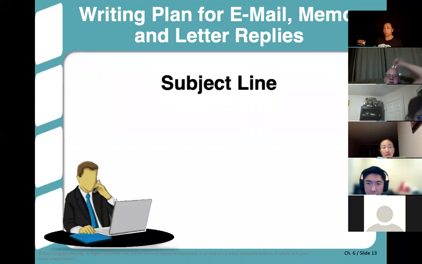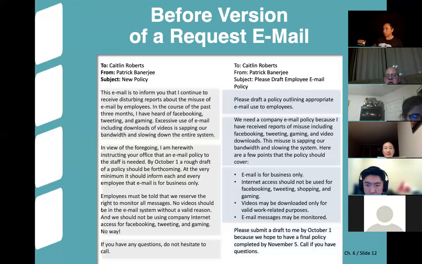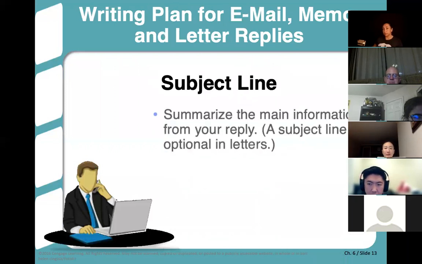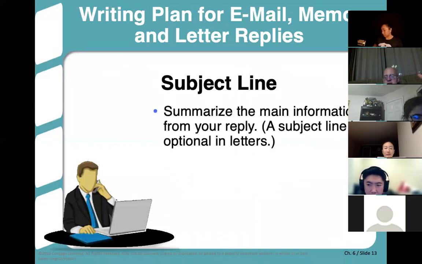Okay. We go back, we start with the subject line, like we saw back here. Please draft employee email policy. Way better than, as you guys pointed out before, new policy. Got a subject line. In that subject line, like we learned last week, we're going to summarize the main information.